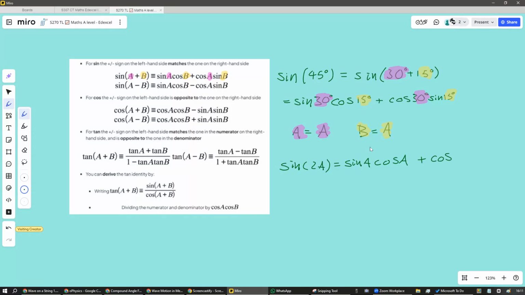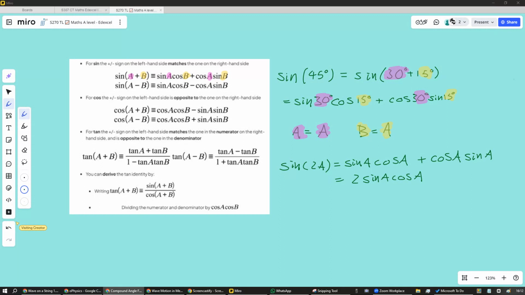Then cos A and sine B, which would be sine A again. Now, sine A times cos A is the same thing as cos A times sine A, so we just end up with 2 sine A cos A. That is a way to derive the double angle formulae.